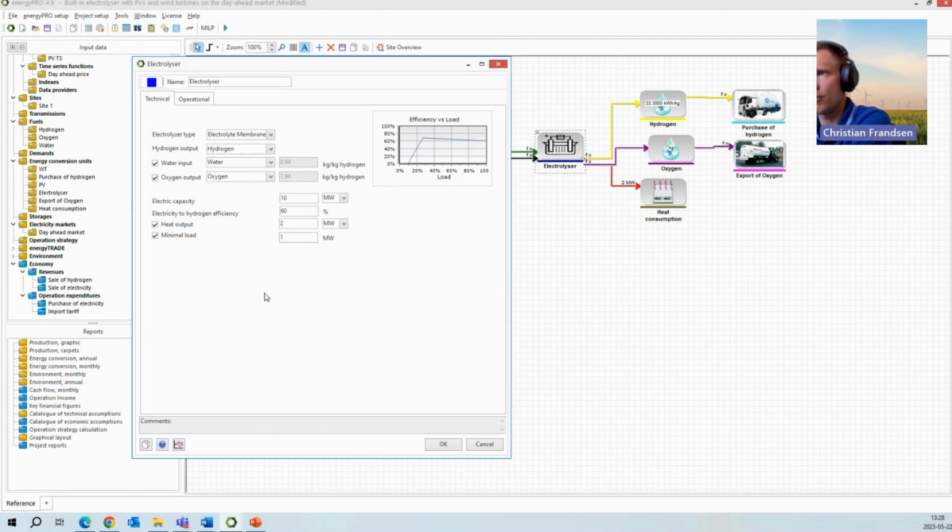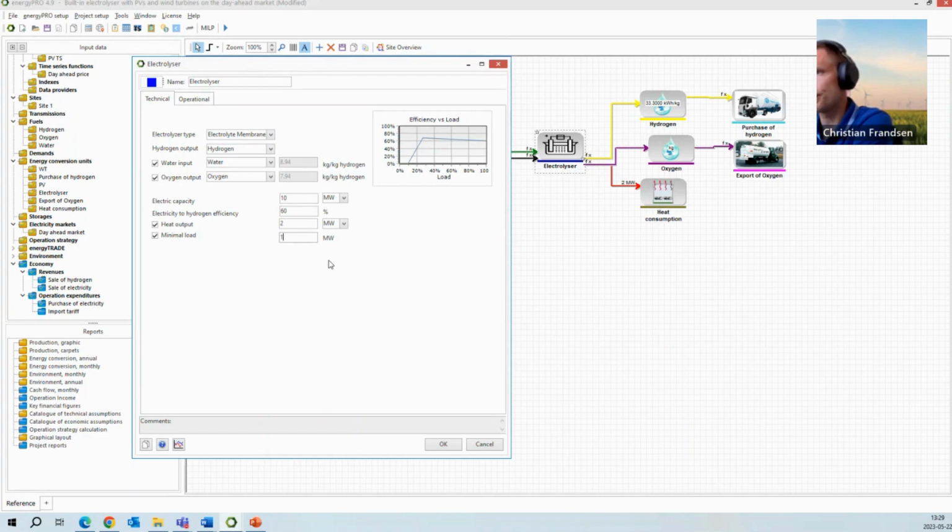So these are the constraints so far in this simple electrolyzer built-in unit. We are working on a more advanced one, but this is the first one that has been released so far.